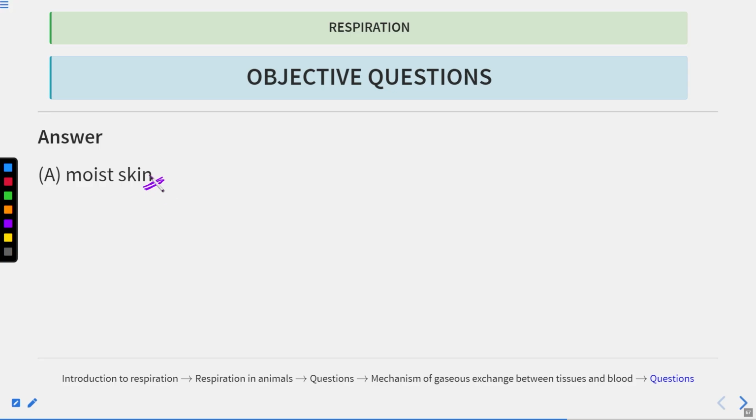We have already discussed in the previous question that a good respiratory surface should be moist and thin. So in the earthworm, what happens?